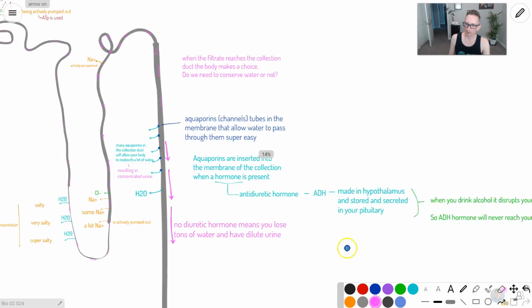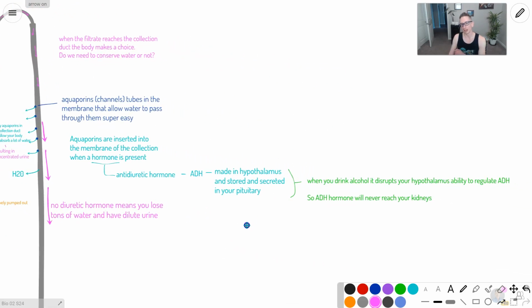Pretty fascinating stuff. So it's not just the fact that when you drink a lot, you have to then urinate a lot because you drank a lot of fluid. It's because you've now disrupted your brain's ability to hold on to liquids. And so you urinate a lot. Will never reach your kidneys.